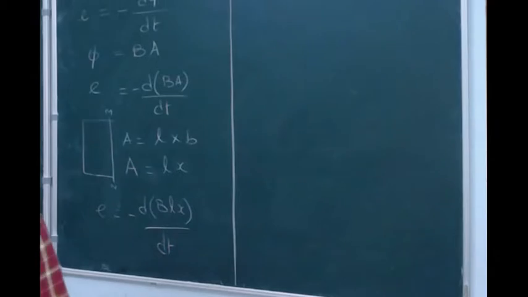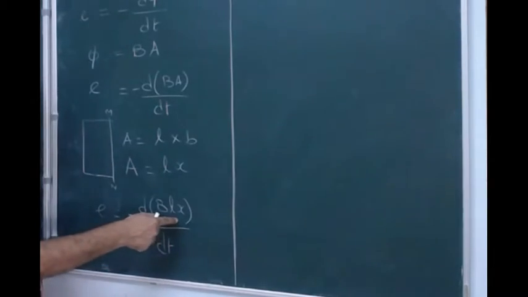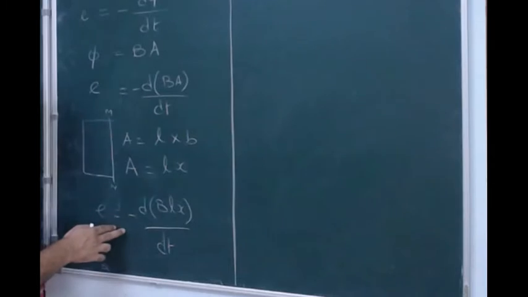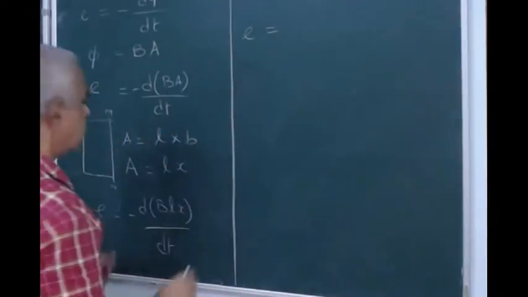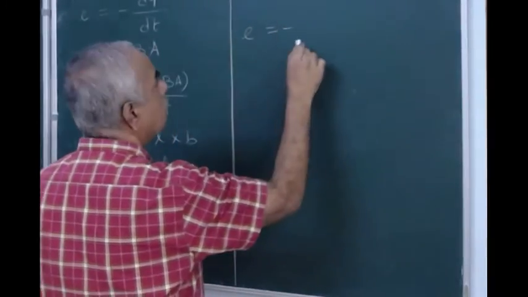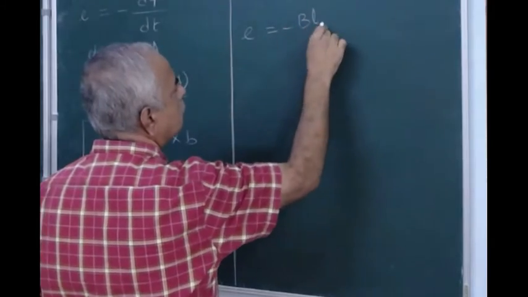Now the only variable here is X, because B is a constant magnetic field, and L is also constant because the length of the rod is constant. The movement is towards left, so X alone is the variable. So you can bring the constants out of the differentiation. Therefore E is equal to minus BL into dx by dt.